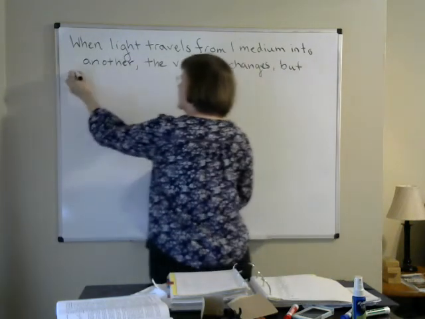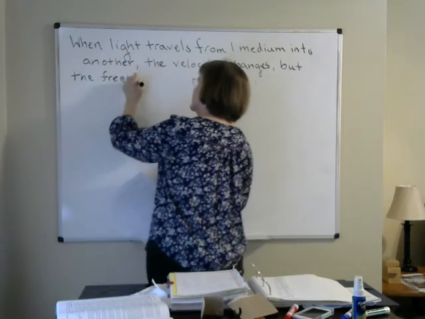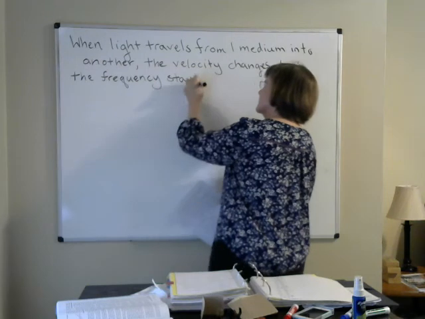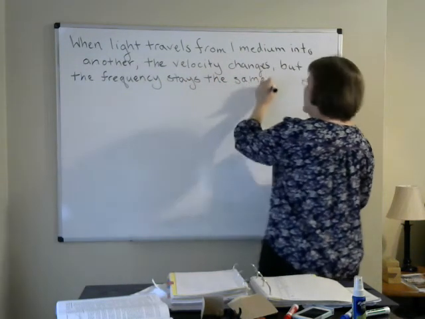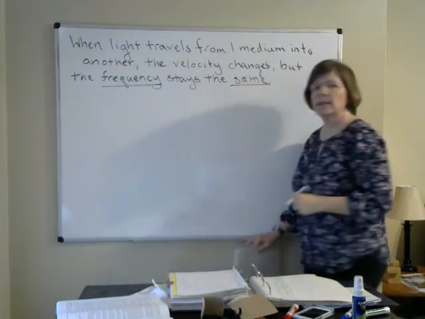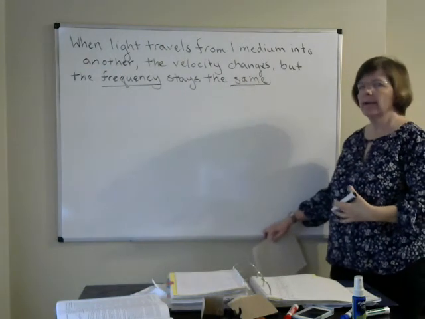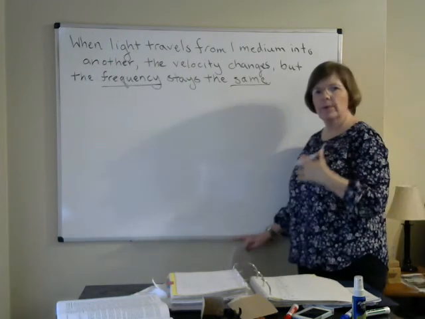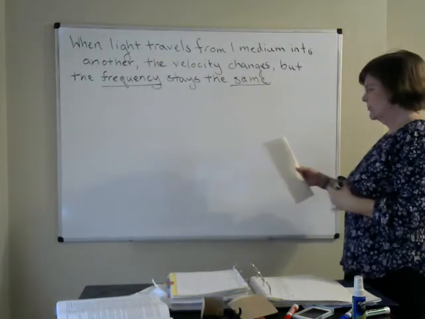But the frequency of the wave or the light does not. Remember, the frequency of a wave, any type of wave, a light wave, a water wave, a slinky wave, is determined by the source. So even though the wave will slow down, its frequency does not change.